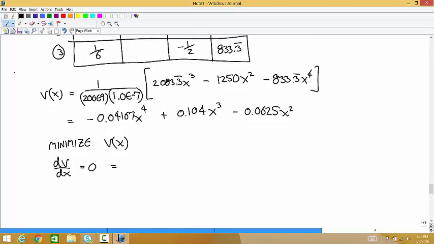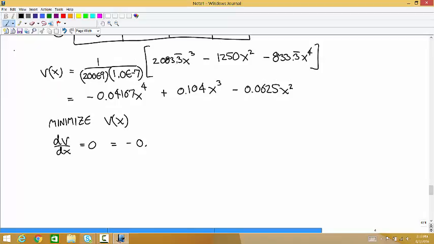That is, what's 4 times 0.04167? Oh, that's going to be 0.16 repeating x to the third, right? And then what's 3 times 0.104?